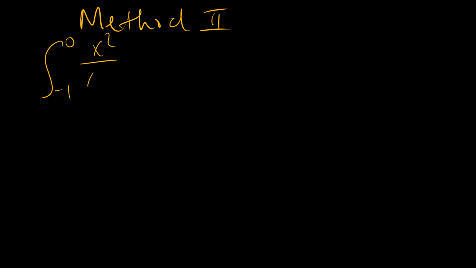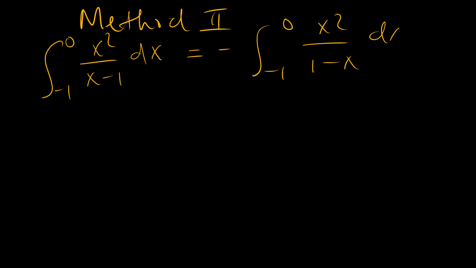So method 2 is both an easy but intricate method. The integral from x equals -1 to 0 of x squared over x minus 1 dx is the same as negative the integral of x squared over 1 minus x dx.